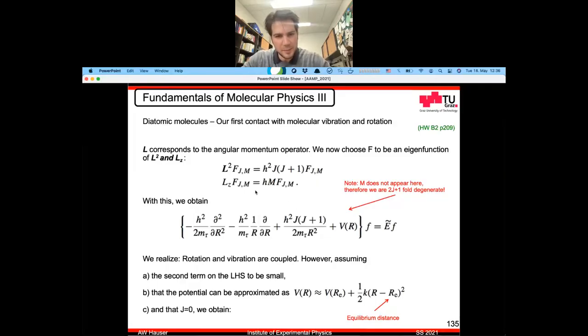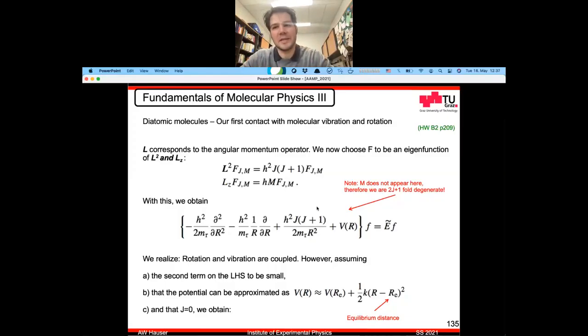If you look at it, it is basically L squared over 2 m r squared, where m r squared is the moment of inertia. So what's written here is simply the energy that is in the rotation of the molecule.